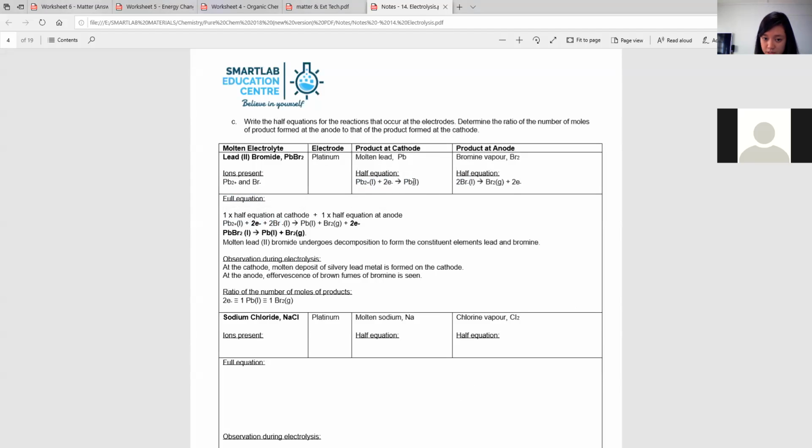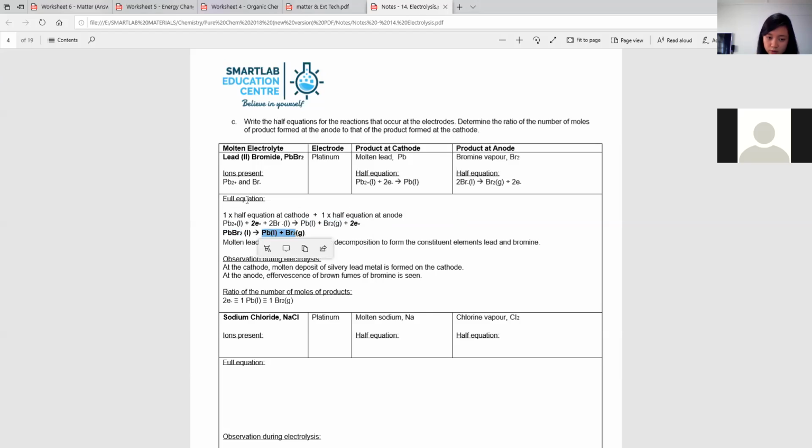Then the right side has Pb and Br2 and 2 electrons. You notice left and right both have 2 electrons, so you can cancel them away. Then your Pb2+ and your Br- form an ionic compound, so you can crisscross them back into PbBr2. Then these two remain the same.